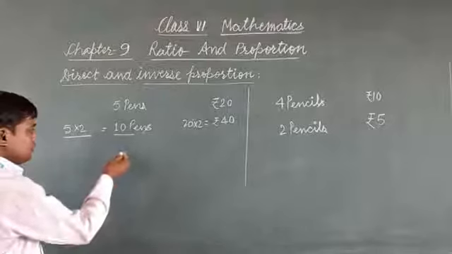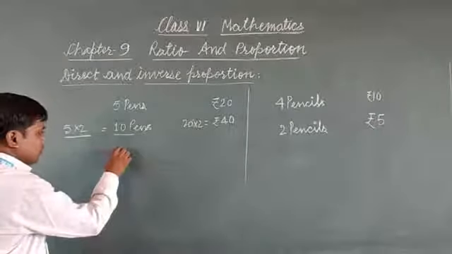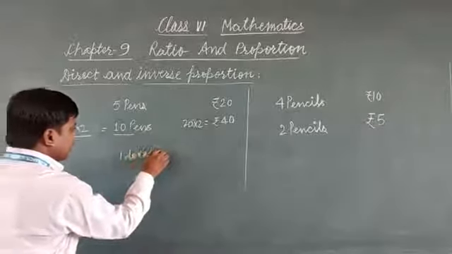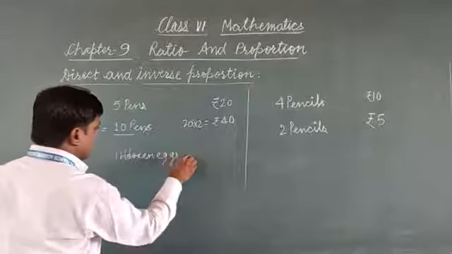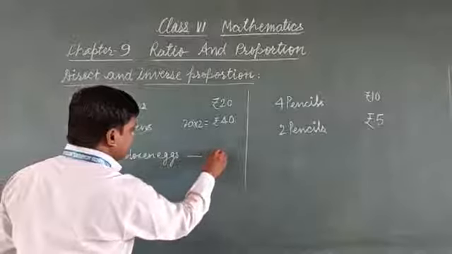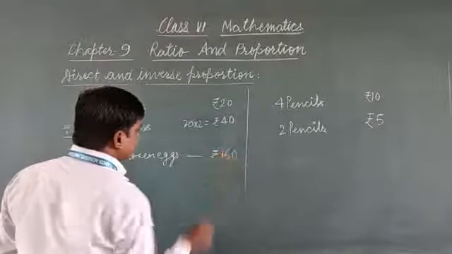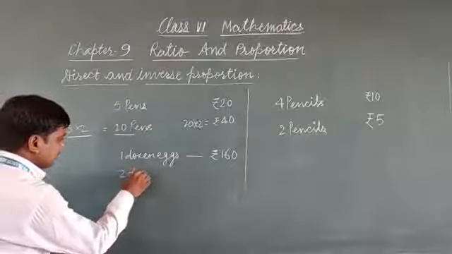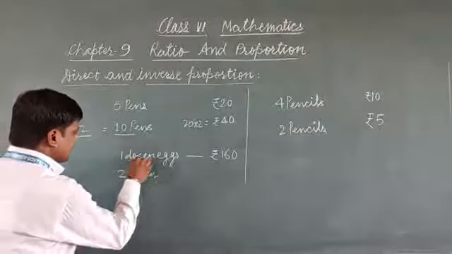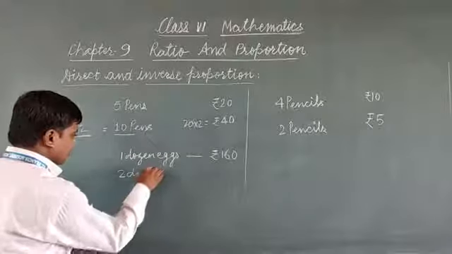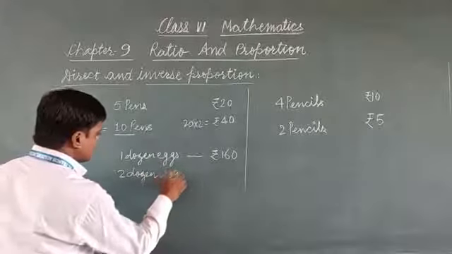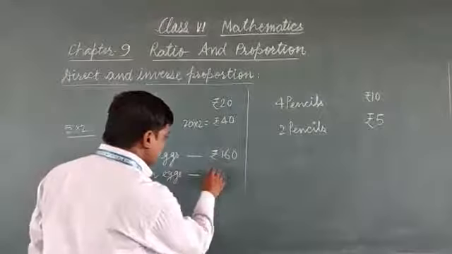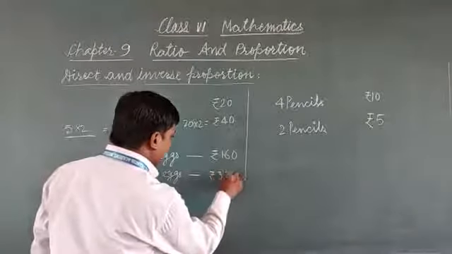Suppose 1 dozen eggs cost is rupees 160. Then 2 dozen eggs, surely you will say 2 times this one, 320.